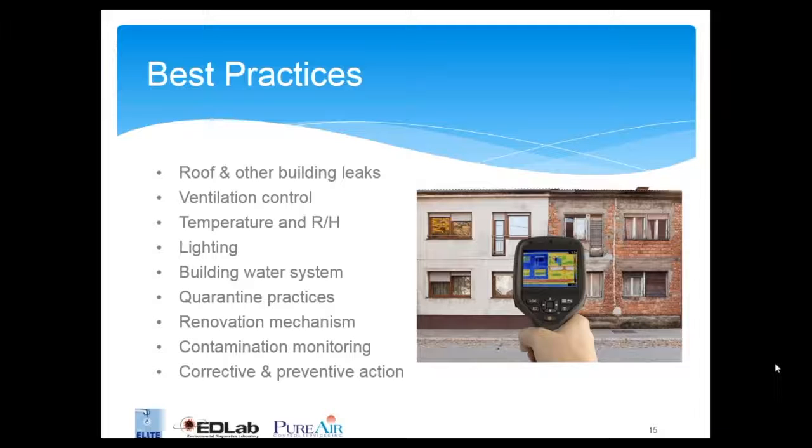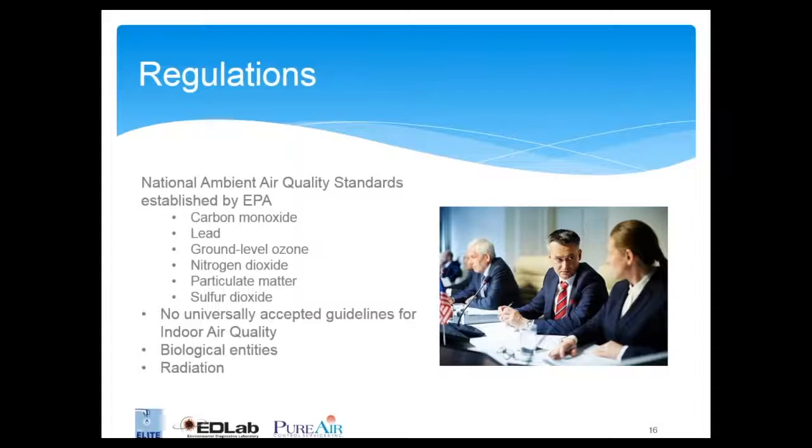Contamination monitoring is the other way to evaluate and understand what kind of problem, what kind of source, or what kind of causal entities are within the building. And obviously corrective action and preventive action are initiated in order to successfully implement the best practices.